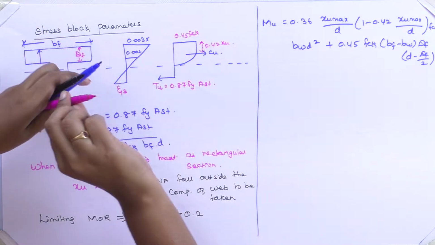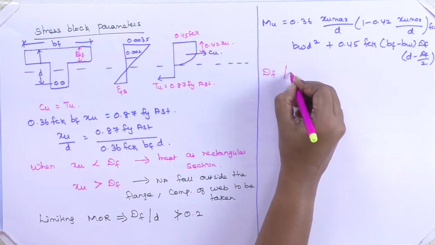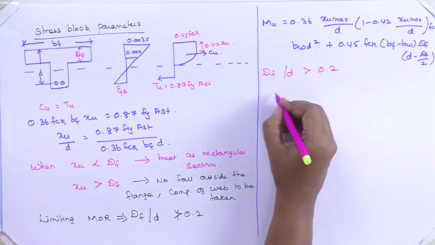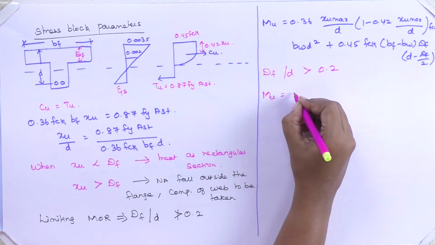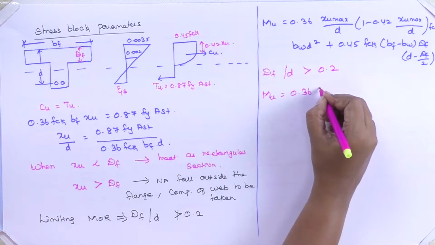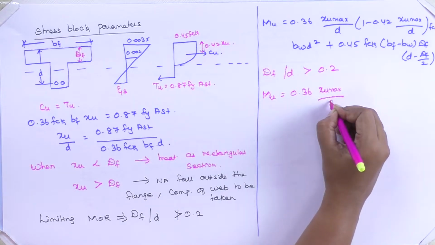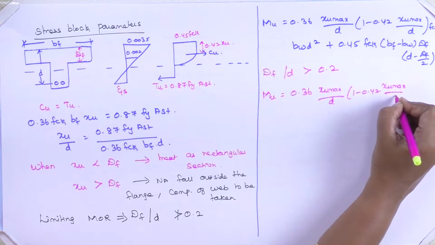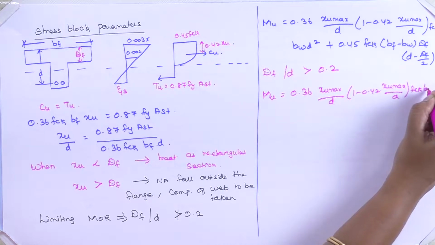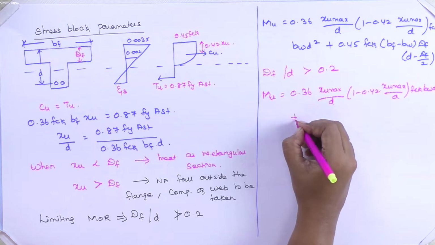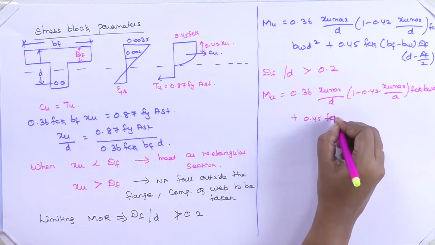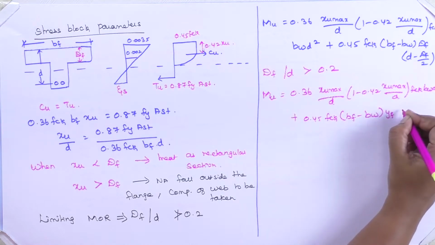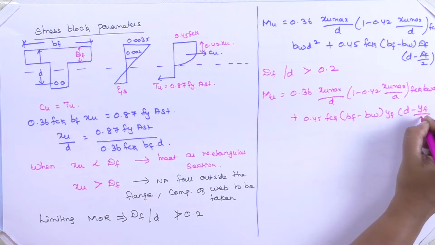Okay, when DF by D is greater than 0.2, we can write Mu is equal to 0.36 XU max by d, 1 minus 0.42 XU max by d, into FCK BW d square plus 0.45 FCK BF minus BW into YF into D minus YF divided by 2.